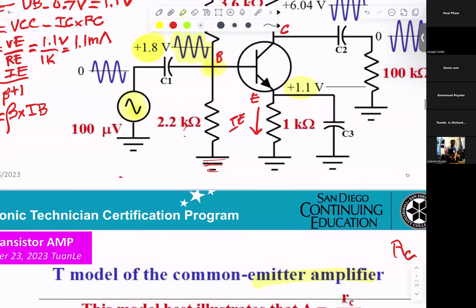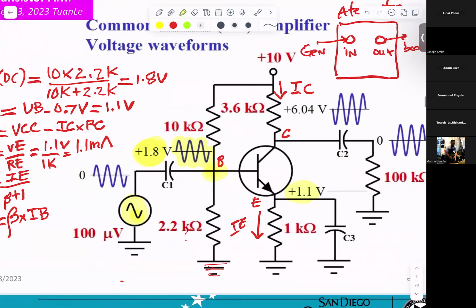Now we'll see. If you're looking into this circuitry here, when you go to the AC, they already tell you at the beginning, on the AC, any DC will be connected to ground. You don't see any 10 volt anymore.